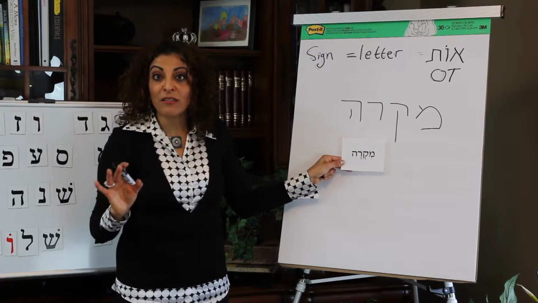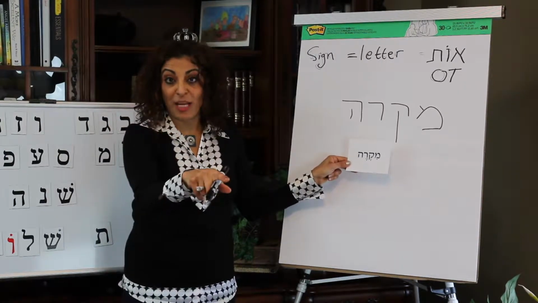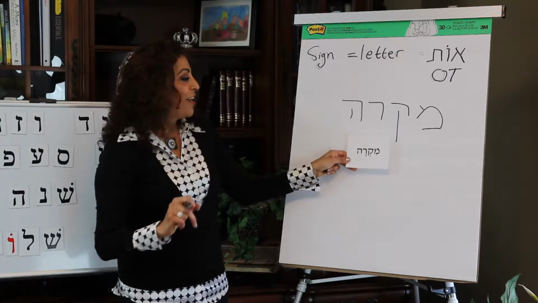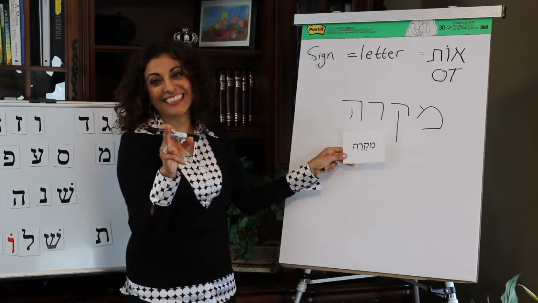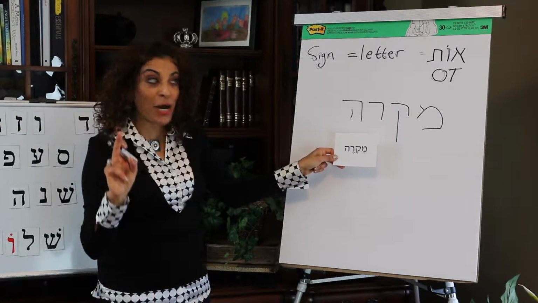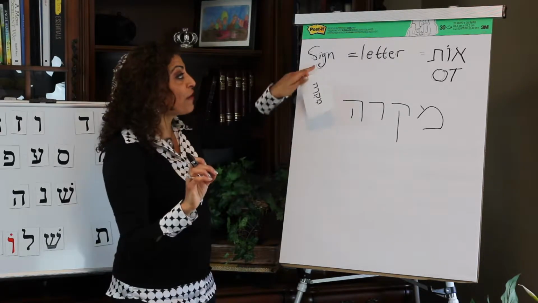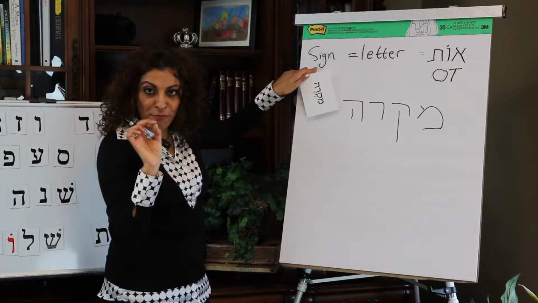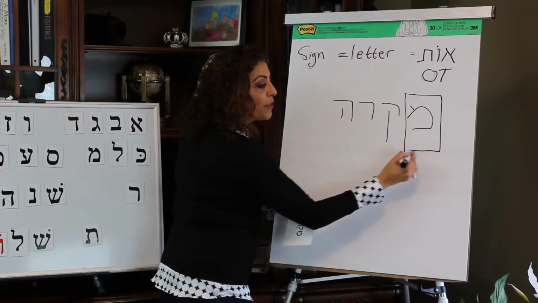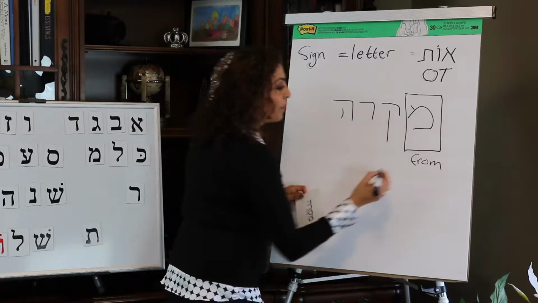I want to tell you, mikre means coincidence. I'll tell you in a second. That's the name of the book with the professor. So, hold on to that thought, and you remind me, okay? So, mikre means coincidence. But if you look at the letters separately and think of them as signs that have meanings, this letter means from.